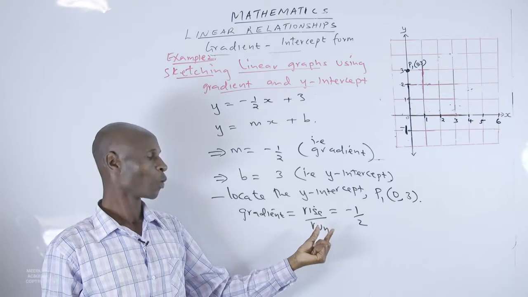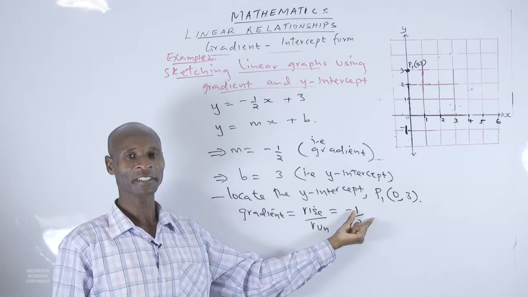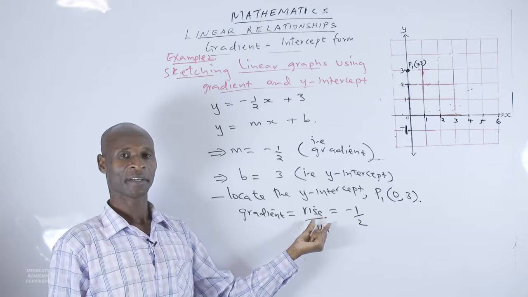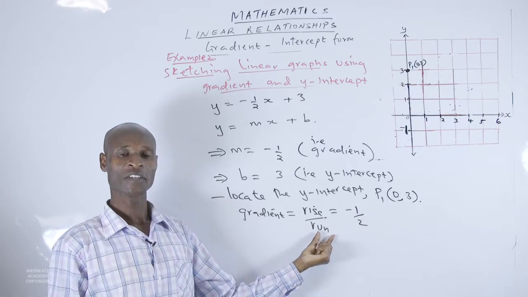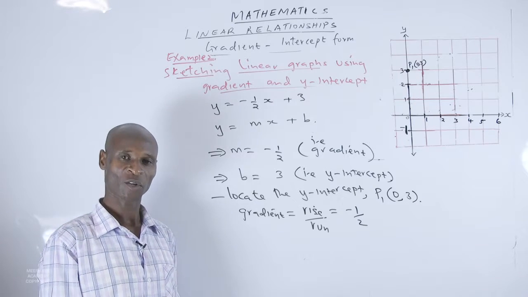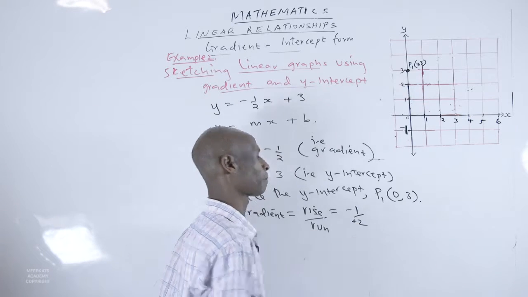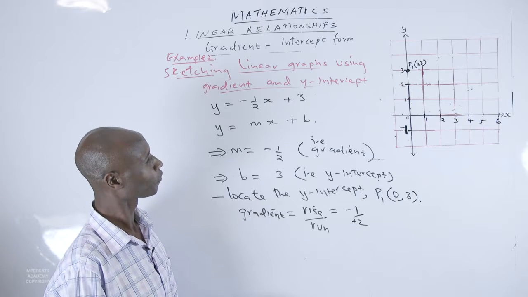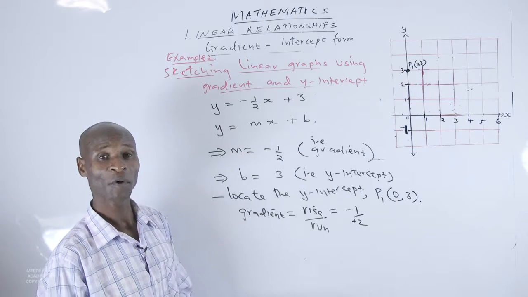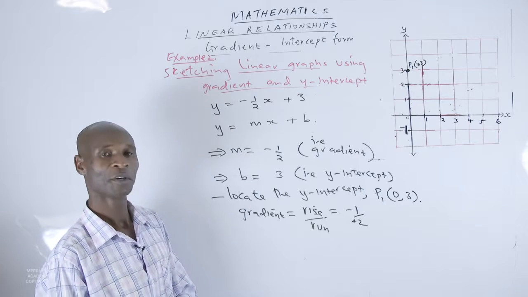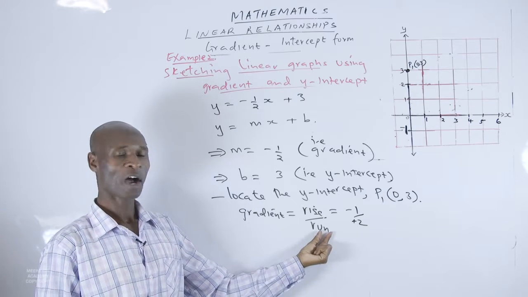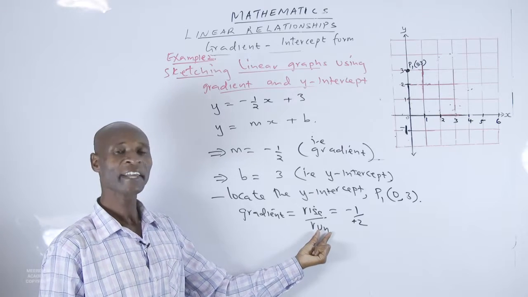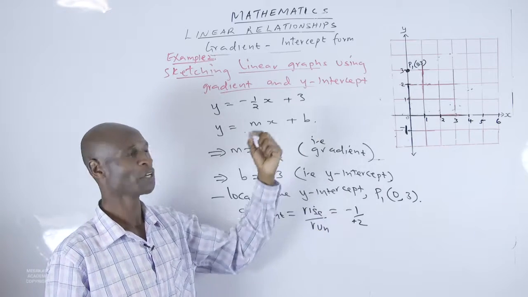So we link the negative sign with the rise. But the run is always positive, as we had noted earlier. So at that point, it means we shall move to the right 2 units from our point.